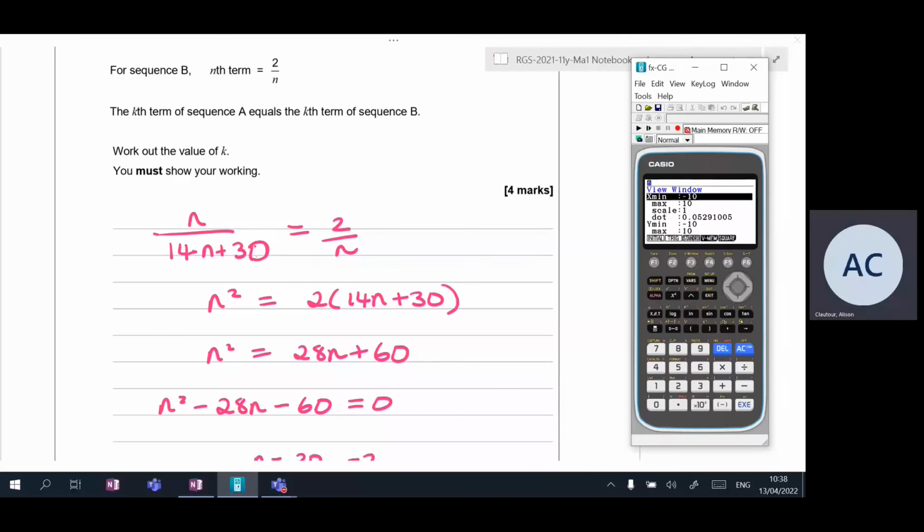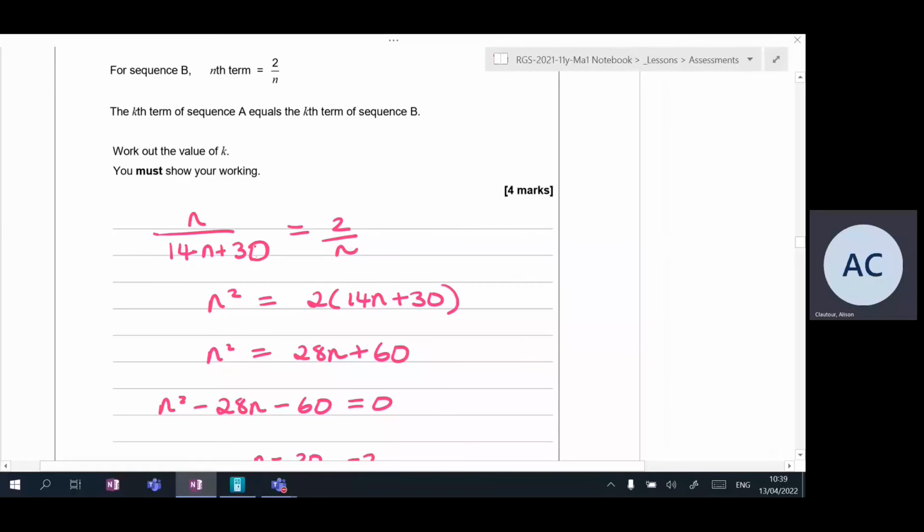So I'm just going to change my view window a little bit. I don't want any negative numbers, not interested in negative numbers. Now I can see the graph goes on for a while, so I'm just going to push that up to 50. So now if I press G-Solve, intersect, I can see it intersects at 30. So I've definitely done it right.